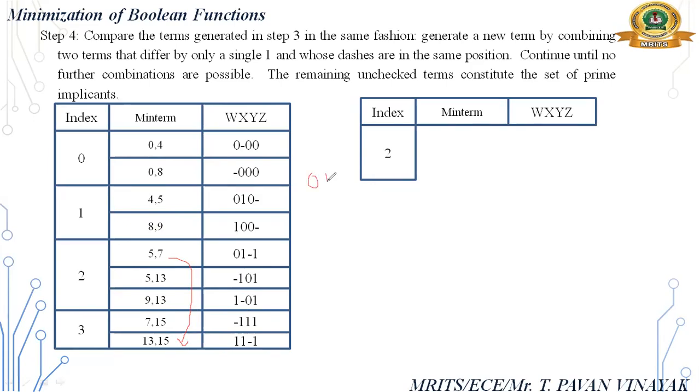So 0, 1 dash 1, and 13, 15 is 1, 1 dash 1. Only one value differs, so it can be written as dash 1 dash 1. For which combination? 5, 7, 13, 15. So dash 1 dash 1. Okay.